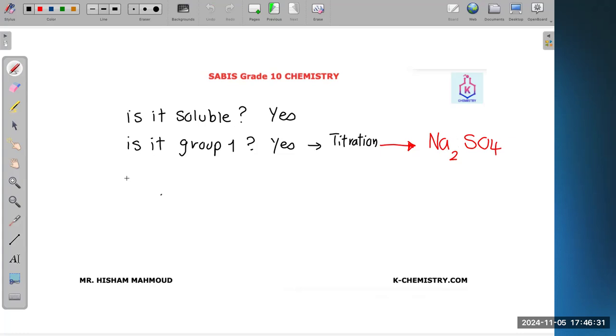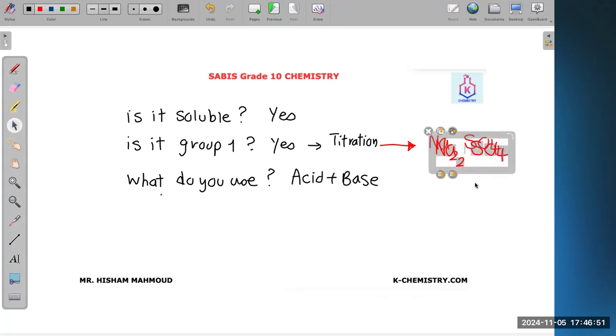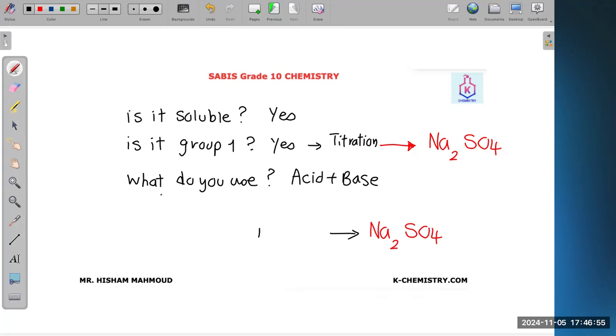What to use? Do I use two soluble salts, or do I use acid and base? Acid and base. What is the acid name and what is the base name? The base is NaOH. Excellent.